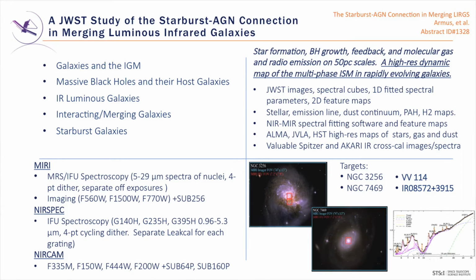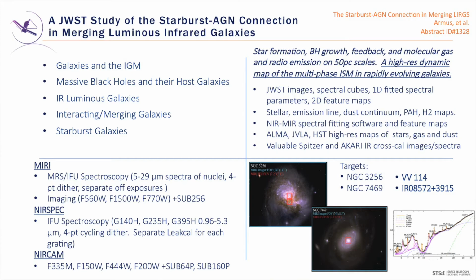Primarily our observations are targeting the MIRI IFU spectroscopy of the nuclei of the galaxies, with a resolution of 50 to 100 parsecs in every single source, covering the central few kiloparsecs, NIRSpec IFU spectroscopy, and MIRI and NIRCam imaging of each galaxy, and also some subarray rapid readout modes for some of the bright nuclei, so we'll be able to test the saturation and recovering from saturation.